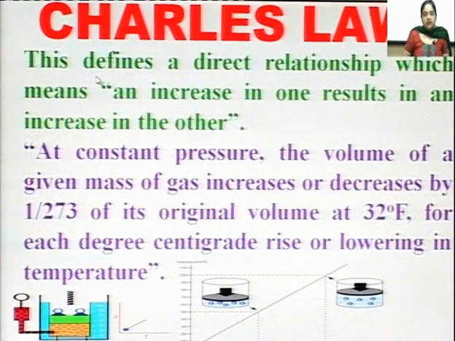This defines a direct relationship, which means an increase in one results in an increase in the other. At constant pressure, the volume of a given mass of a gas increases or decreases by 1 over 273 of its original volume at 0° Celsius for every degree centigrade rise or lowering in temperature.